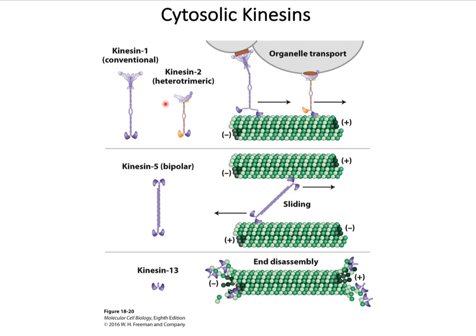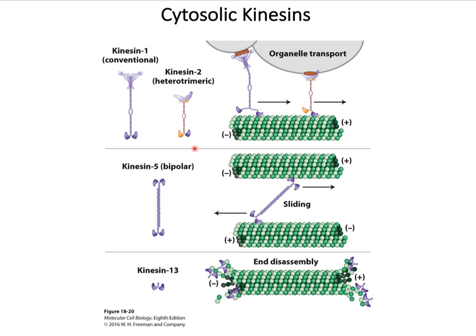So it is made up of three different proteins. That is why it is called a heterotrimeric kinesin. The role of kinesin 1 and kinesin 2 is to bind to vesicles and organelles and to walk along the microtubules towards the plus end, to traffic vesicles in the cell and to organize the organelles within the cell.